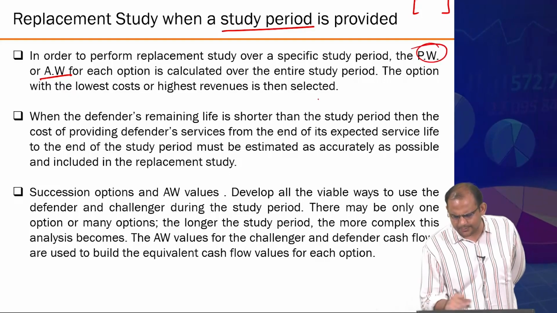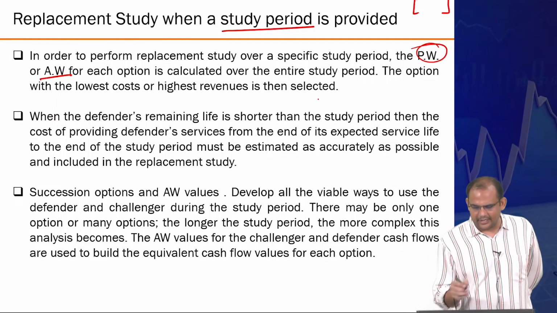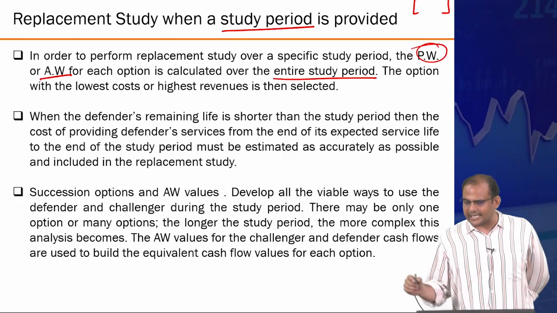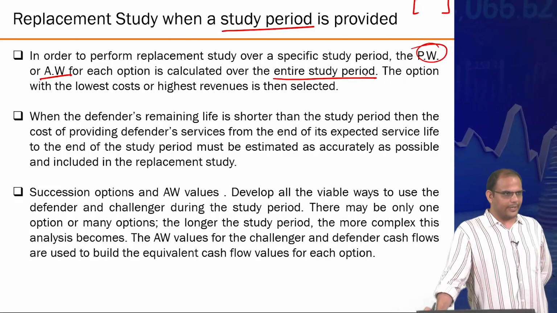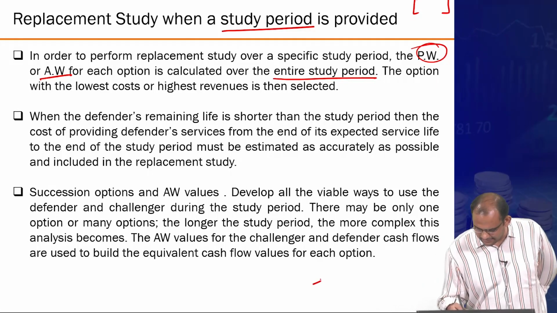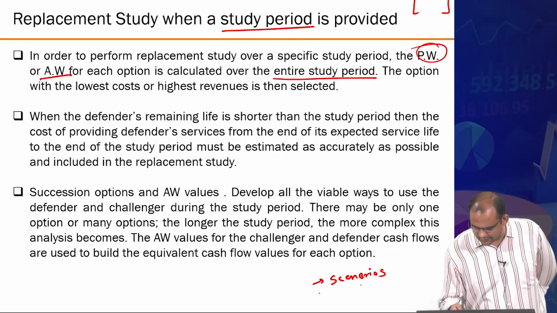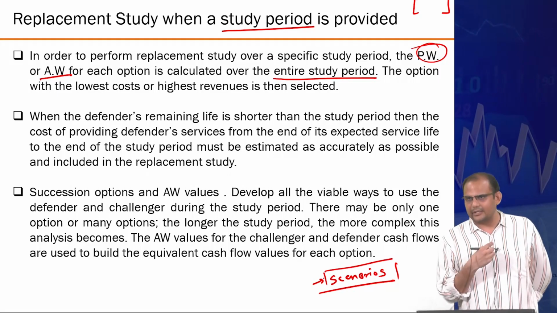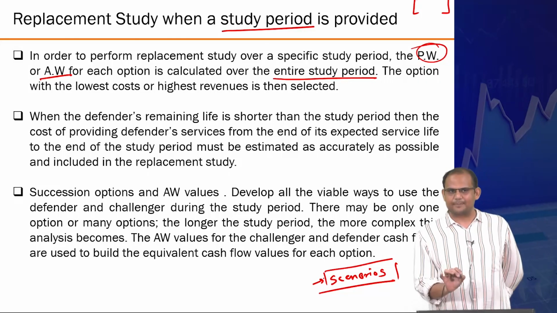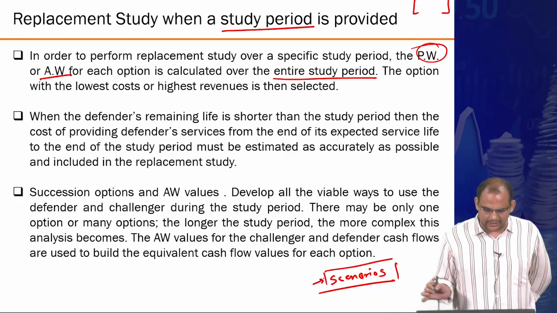Here you can also use present worth, but since we have been using annual worth, let's be consistent with that. And you have to do it for the entire study period. Okay? And what you essentially end up making, I'm calling them scenarios, but these are not the scenarios we saw in the Monte Carlo. Let me explain what I'm actually going to say, but give me a minute. For the time being, I'm calling them scenarios.